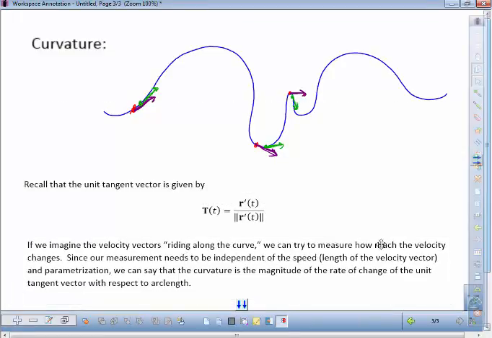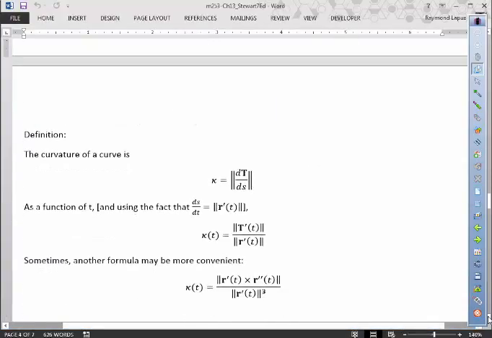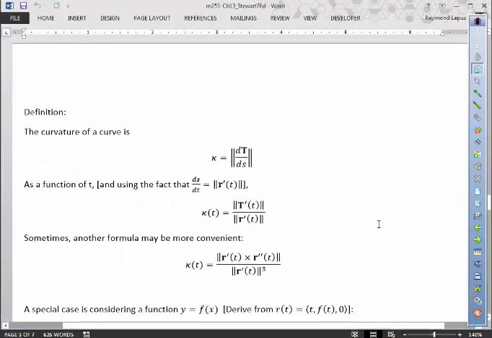So the main formula for this is looking at how the unit tangent vector changes with respect to the arc length.